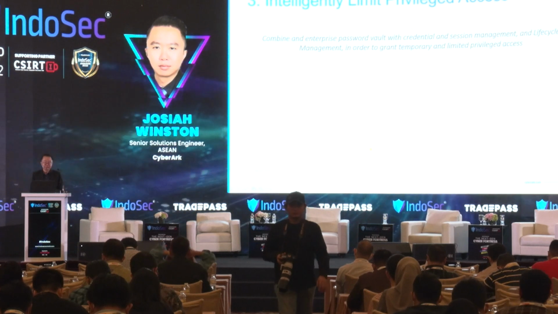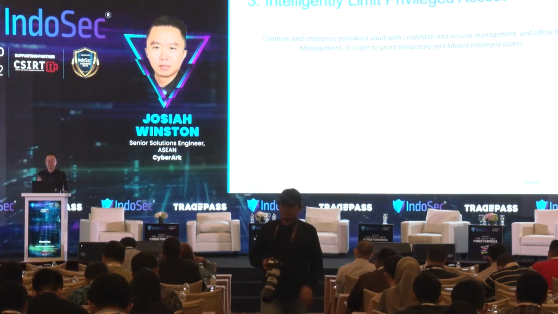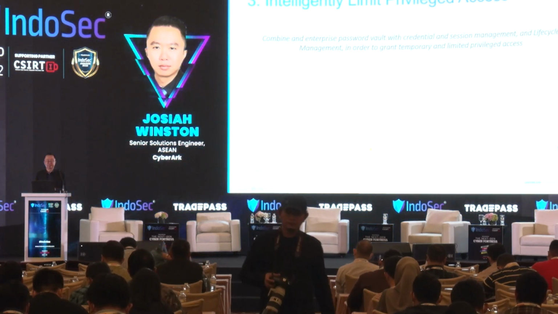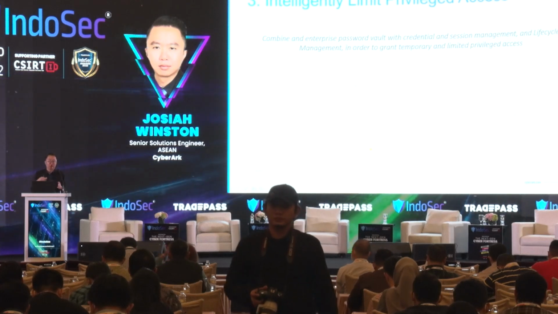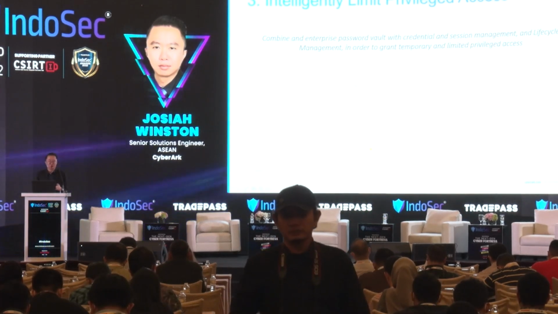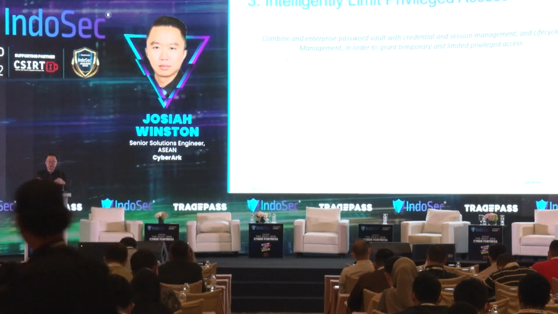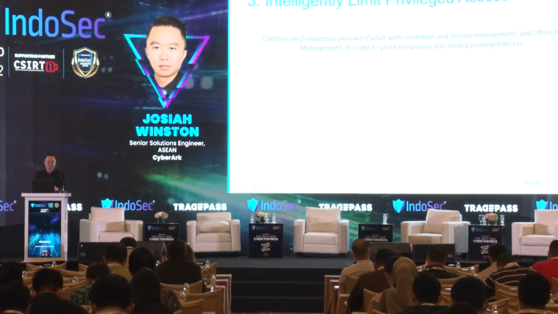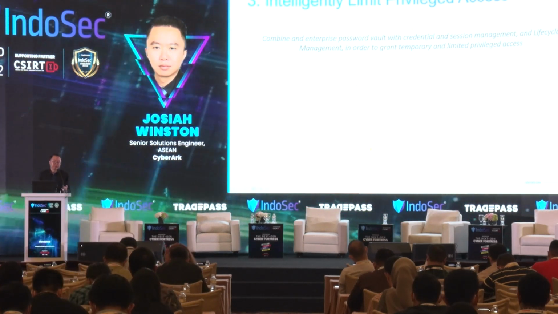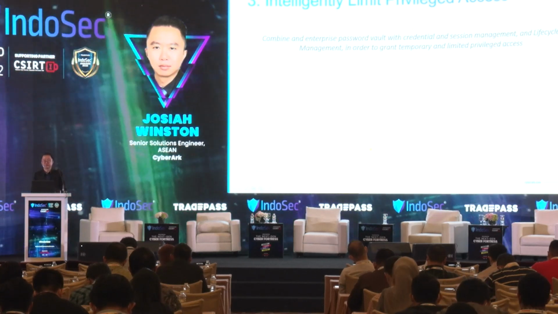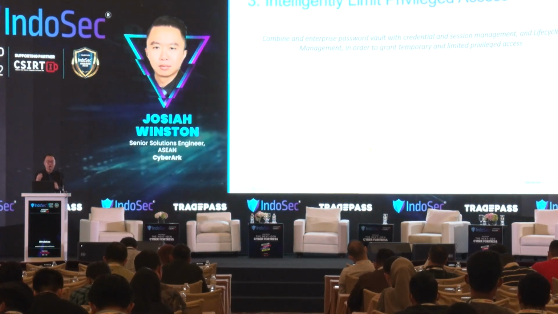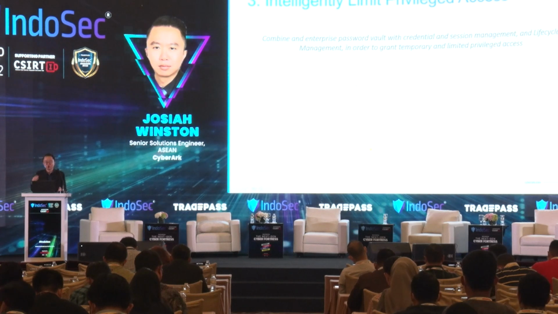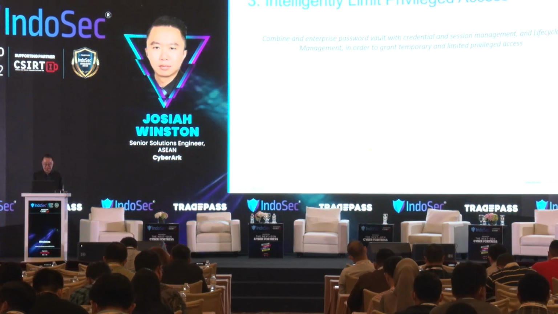Privileged access means anyone who has permissions that can administer a system, change how a system functions, or has high-level access to the data that's being stored in the system. Some examples of this access are server administrators, database admin, cloud admin, app admin, and including third-party vendors.